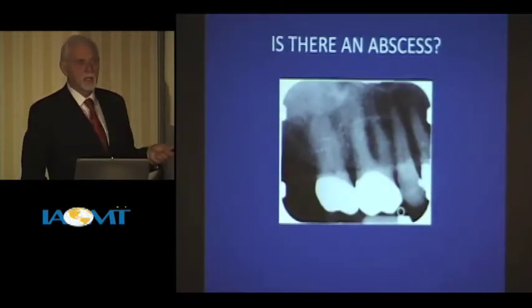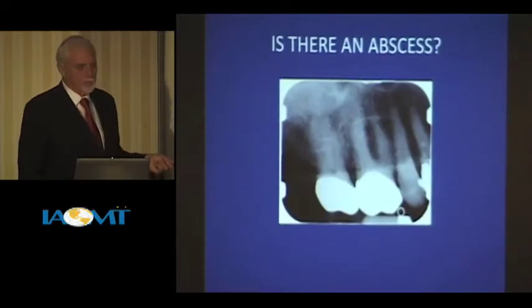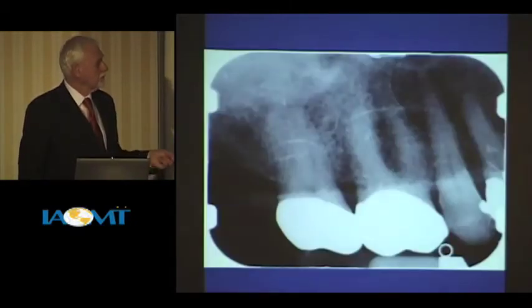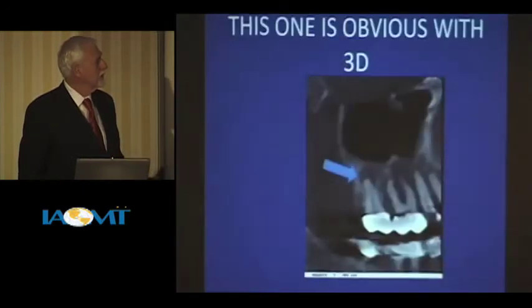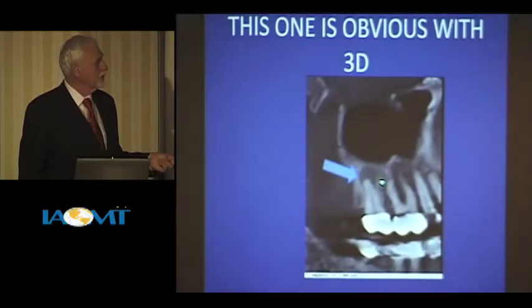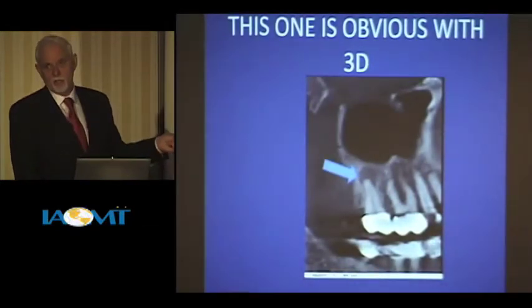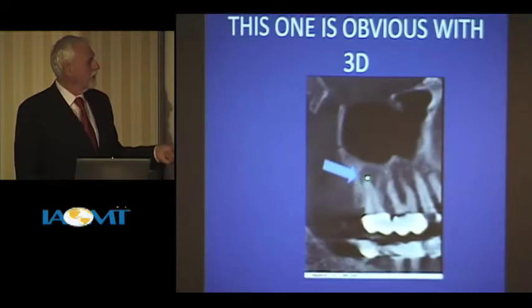Now, you get information. All right, is this an abscess here? I don't really see one. Blow it up a little bit, you can think, oh, I don't know, is it? I don't see it. This is a 3D CAT scan. I don't see this that often, okay? But sometimes you'll see this.